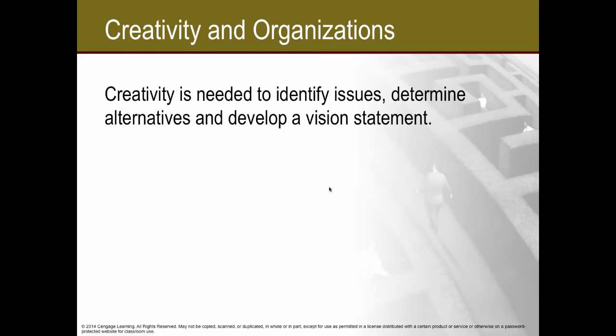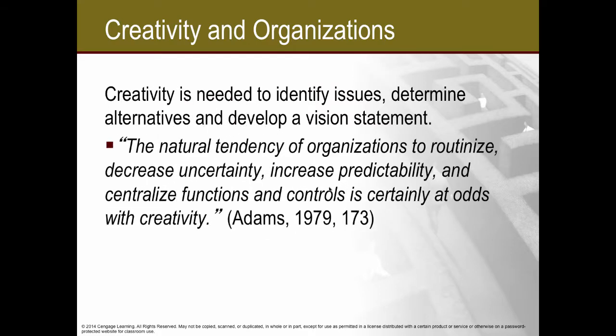Next is creativity and organizations. Creativity is needed to identify issues, determine alternatives, and also develop a vision statement. So basically, you have to be creative in order to provide a vision statement for the company. The natural tendency of organizations is to routinize, decrease uncertainty, increase predictability, and also centralize functions and control.